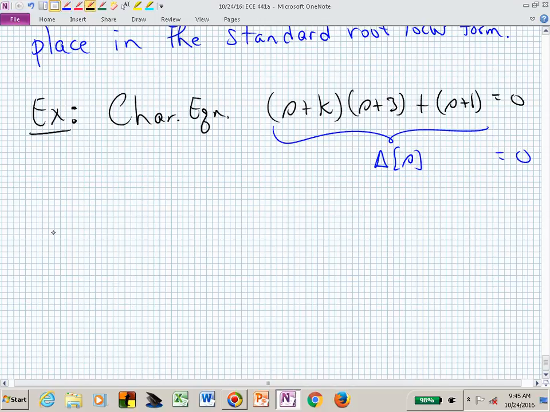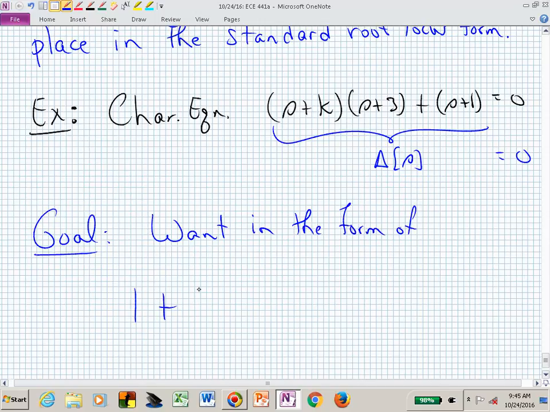And our goal is we now want that characteristic equation in the form of 1 plus K N(s) over D(s) equals 0. We now just need to do some algebra to clean this up so that we have a 1 plus a K factored out, and then we'll have a numerator divided by a denominator.